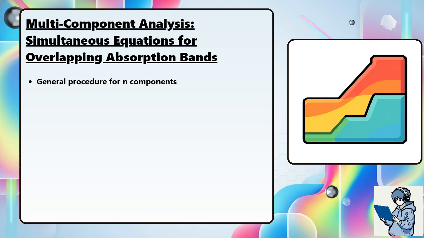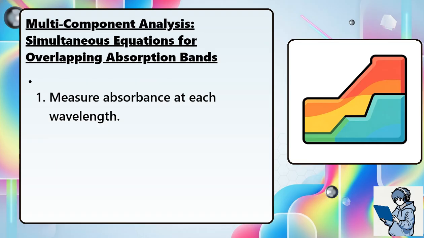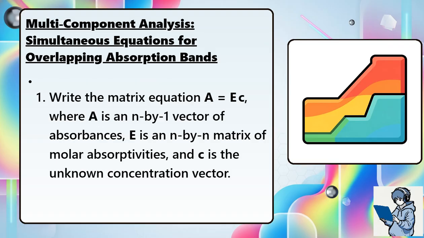General procedure for N components. Step 1. Choose N wavelengths where the set of epsilon values for the components forms a non-singular matrix, determinant not equal to 0. Step 2. Measure absorbance at each wavelength. Step 3. Write the matrix equation A equals EC, where A is an n by 1 vector of absorbances, E is an n by n matrix of molar absorptivities, and C is the unknown concentration vector.